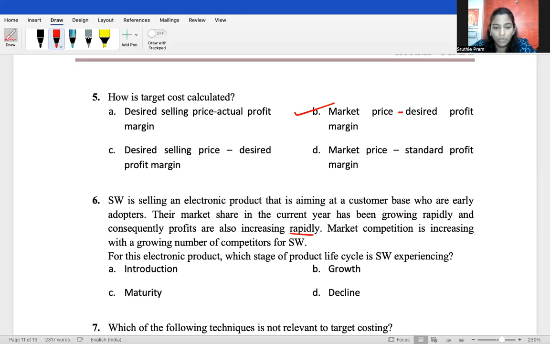For this electronic product, which stage of the product life cycle is SW experiencing? Option A, introduction. B, growth. C, maturity. D, decline. Growth stage. Why? Market share increasing rapidly, and profit also increasing rapidly.